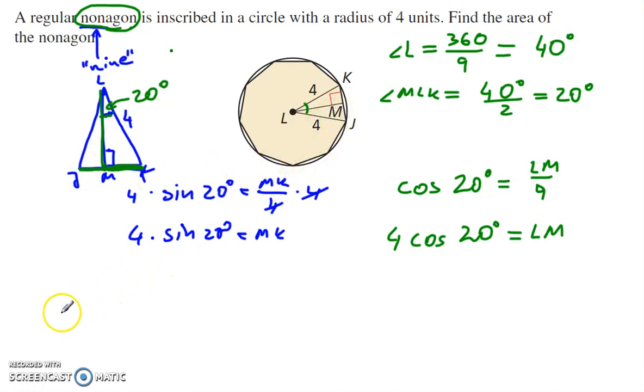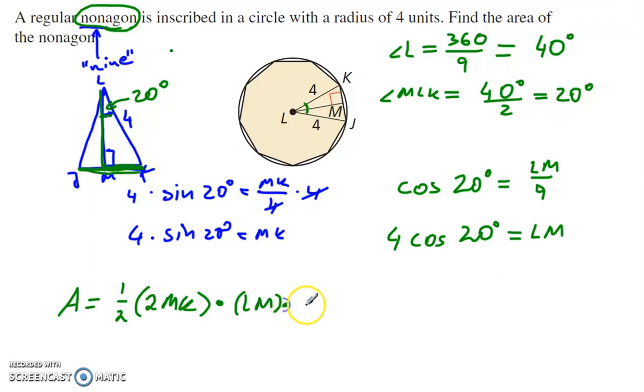So the area is 1/2 times the side, which is 2 times MK. That's JK, 2 times MK, times the apothem, which is this right here, LM. Then times the number of sides, so times 9.